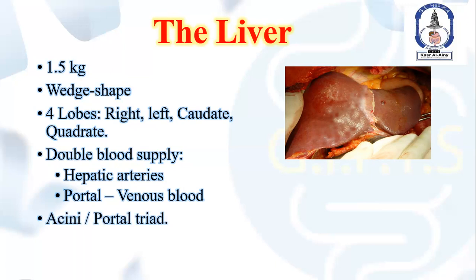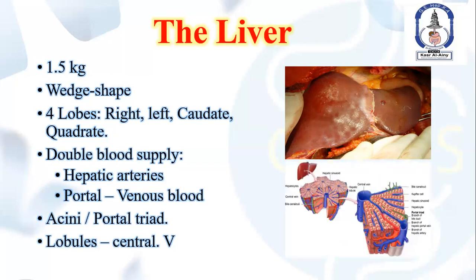As we all remember from histology, the unit of the liver is called the acinus, and between those acini there is the portal triad that carries a branch from the portal vein, a branch from the biliary tract, and a branch from the hepatic artery. These make the liver comprised of lobules surrounding a central vein.